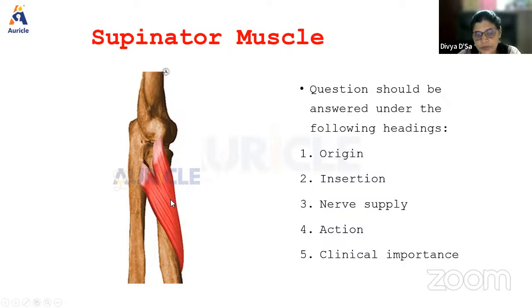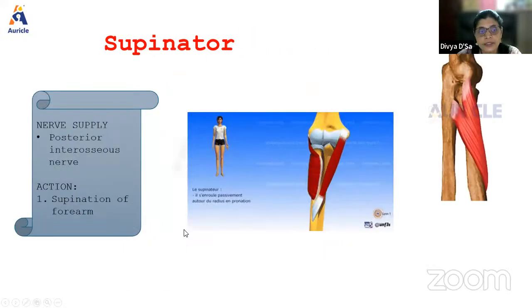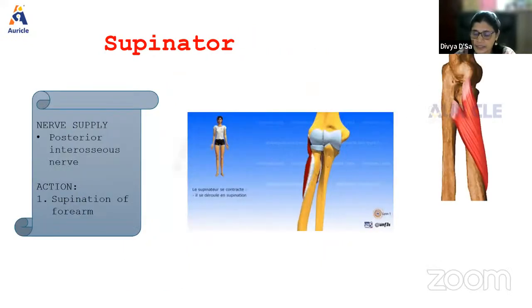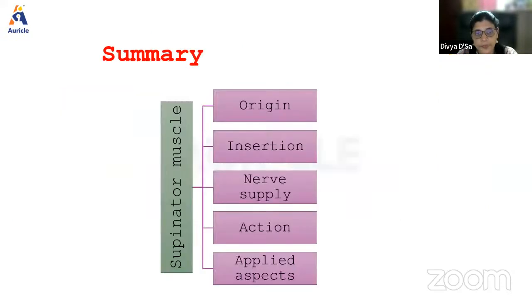Both heads fuse and get inserted into the lateral aspect of the radius in the upper 1/3 part. Since it is a muscle of the back of the forearm, it is supplied by the posterior interosseous nerve. Action is supination of the forearm. That is about supinator muscle.